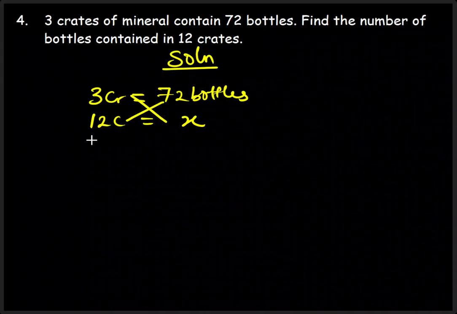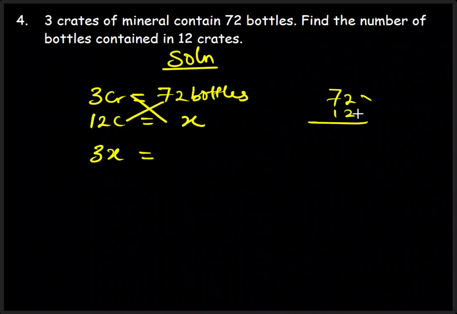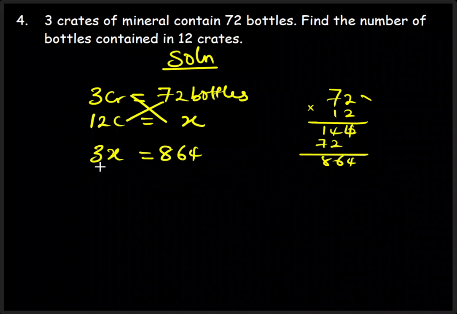And then we cross multiply. 3 times x, that will give us 3x equal to 72 times 12, that will give us 864, and then we divide by 3. 3 into 8, 2, remainder 2. 3 into 26, that will be 8, remainder 2, and 3 into 24, that will be 8.